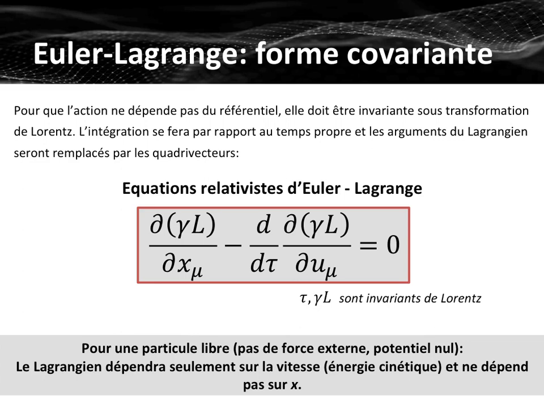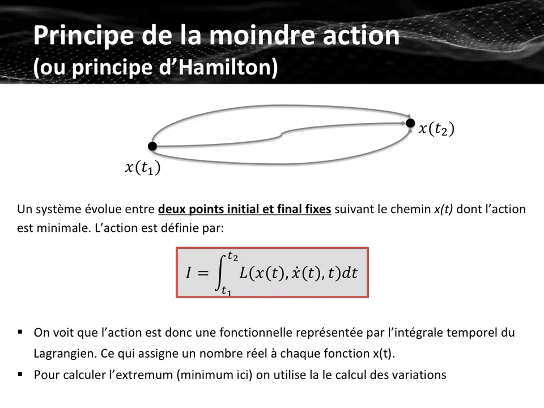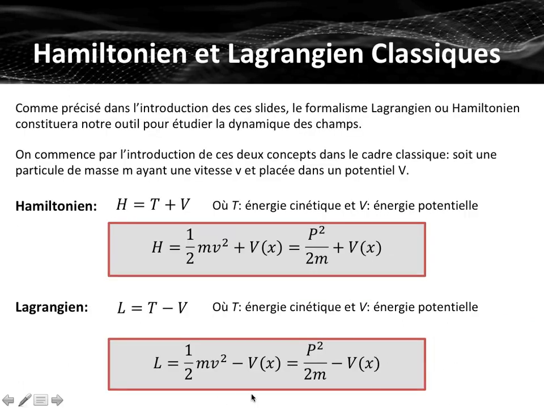Now, let's take a free particle. A free particle is a particle that has no force applied on it, at least no total force. So basically, there's no potential. Potential energy is equal to 0. And so the Lagrangian in this case, if you go back even to its classical form, if there is no potential energy, does not depend anymore on x or on x mu, right?